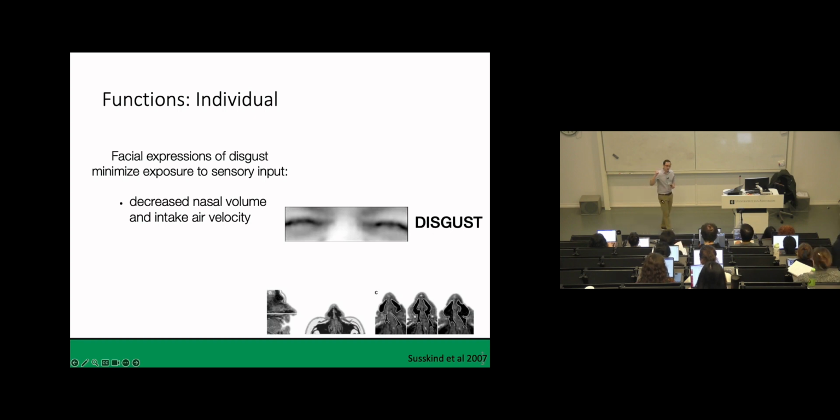Why might people do this? It protects the eyes from anything harmful that could go inside because it's disgusting. It also protects us from taking in any pathogens or whatever might be in our environment that we're disgusted by. We're closing ourselves off to it physiologically.